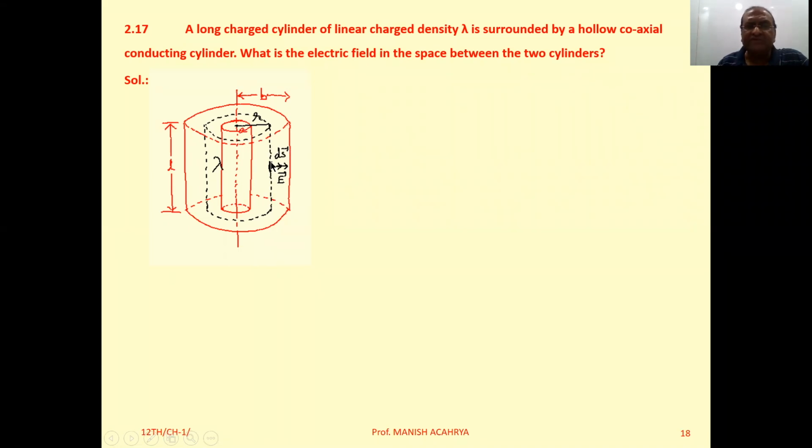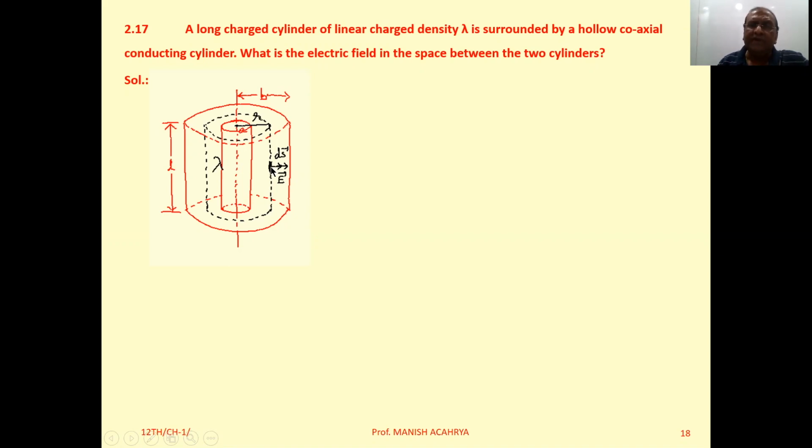Now suppose we consider an infinitesimally small surface element on the cylindrically curved surface, then its area vector, perpendicular to it, dS, will be as shown in this figure, and the electric field is radially outward.